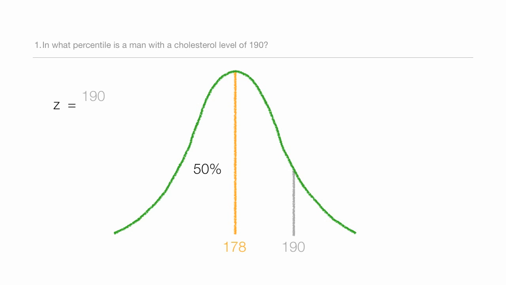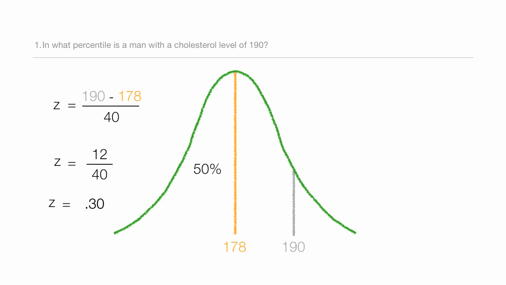So z is equal to 190 minus 178 divided by 40. 40 is the standard deviation, 190 is the observation in question, and 178 is the mean. This works out to be z is equal to 12 divided by 40, or z is equal to 0.30.